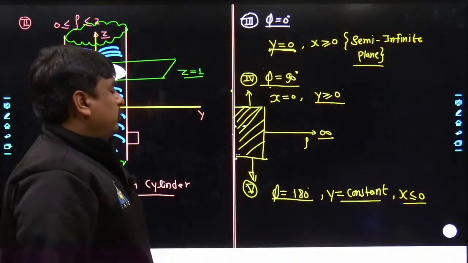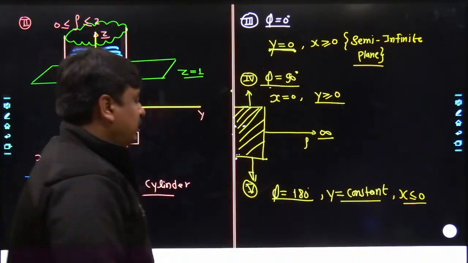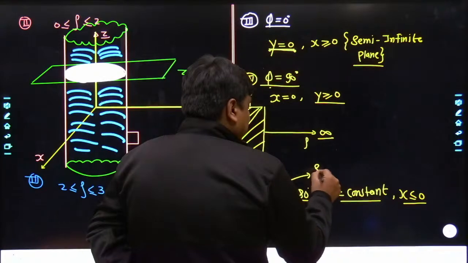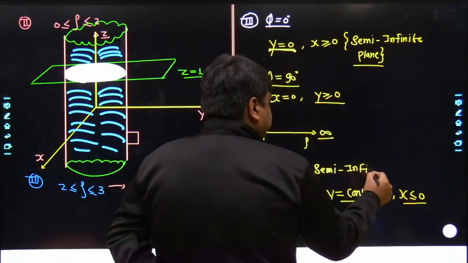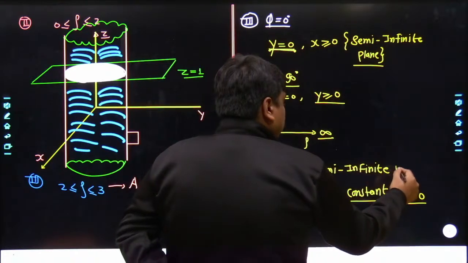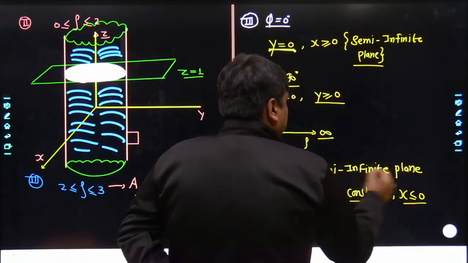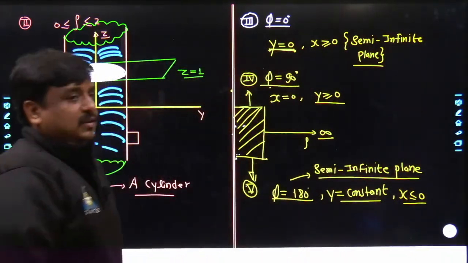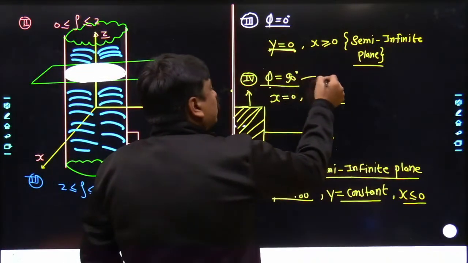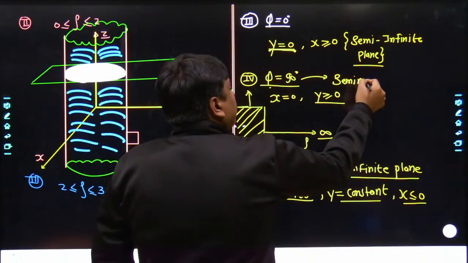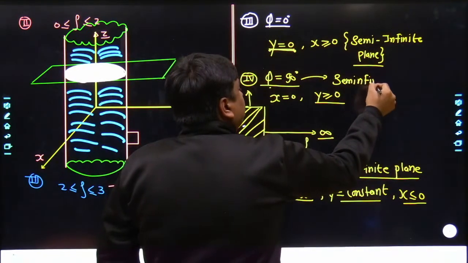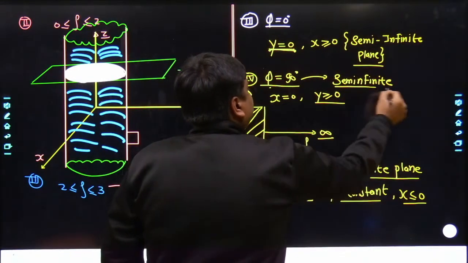So whenever somebody says phi equals 180 degrees, it is a type of semi-infinite plane. Similarly, here phi equals 90 degrees; again, we call it a semi-infinite plane. Now one thing comes to mind, sir, why do we call it semi-infinite?